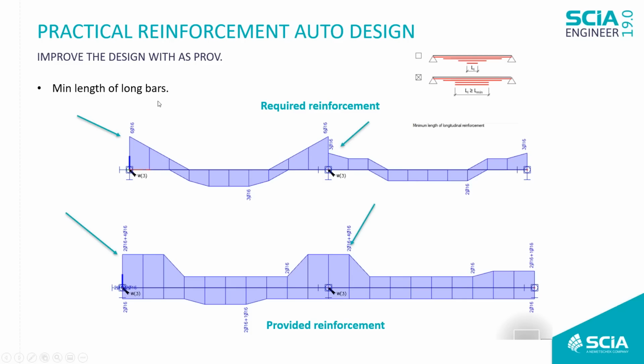Then you will have an option, which is the minimum length of the longitudinal bar. By default, it's 1 meter. So here it's maximum. See, I will extend that maximum to 1 meter. The same here. The idea is, again, to make the result more practical.